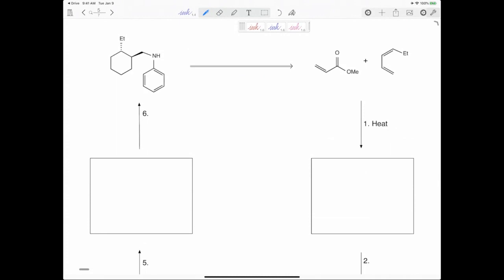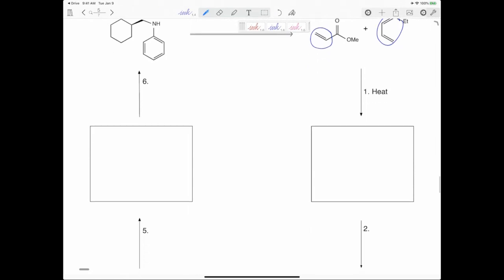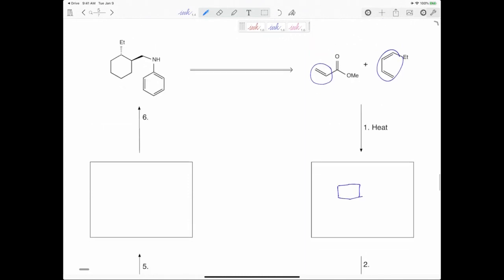All right, so this is what kind of reaction? Diels-Alder, right? I have a conjugated pi system here, which we call a diene, and I have a dienophile. So with dienes and dienophiles, we will get what? Remember the transition state for this?